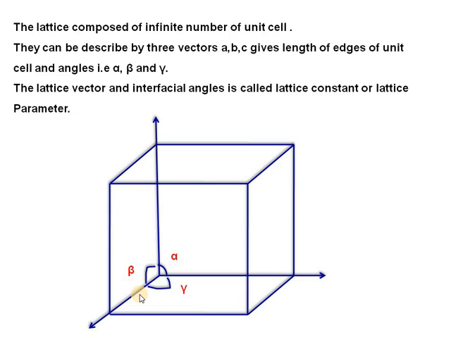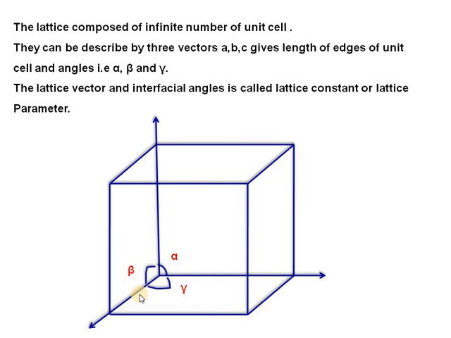So the A, B, C vectors lie along the x axis, z axis and the y axis. They can be described by the three vectors A, B, C, which give the length and height of the unit cell, and the angles alpha, beta and gamma.